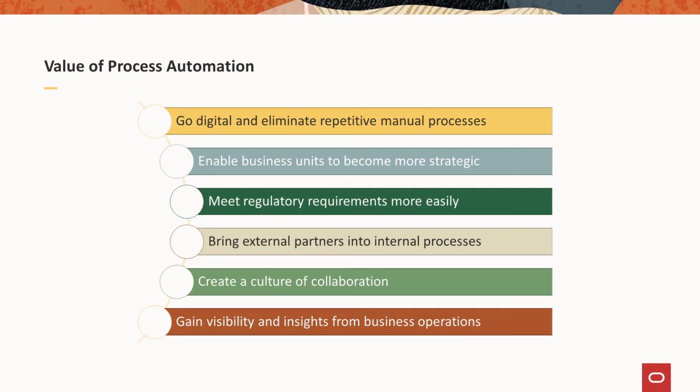So to begin with, let's look at where you would use process automation. Process automation is something that you could use to eliminate manual processes, especially as part of your digital transformation initiatives.